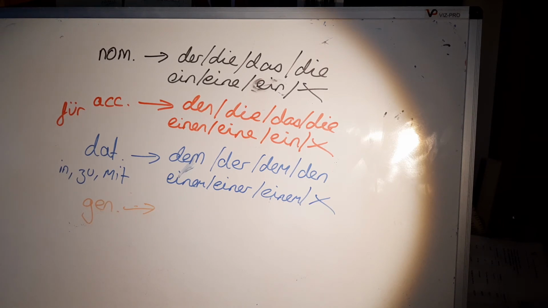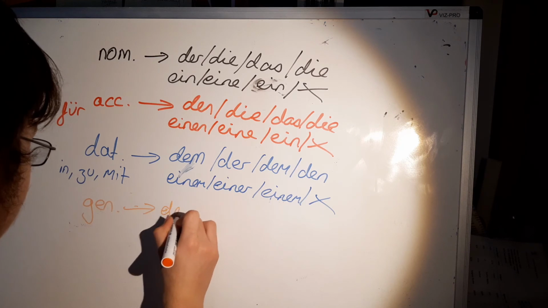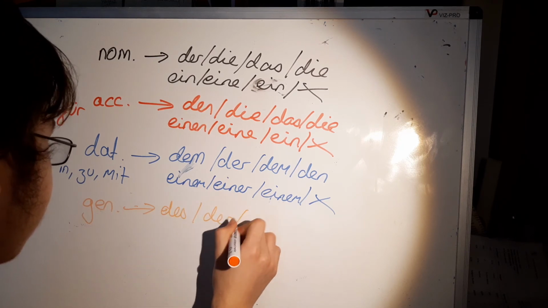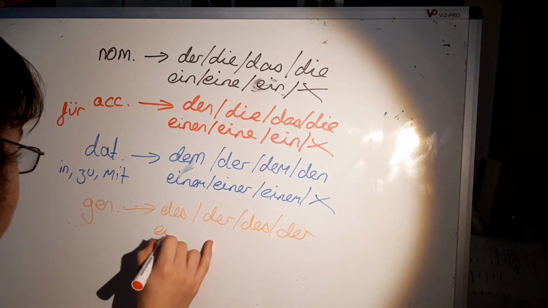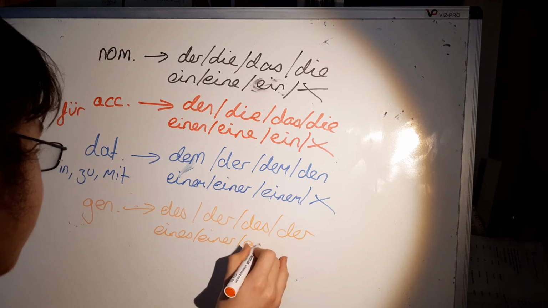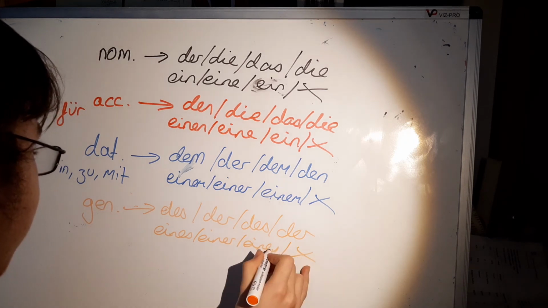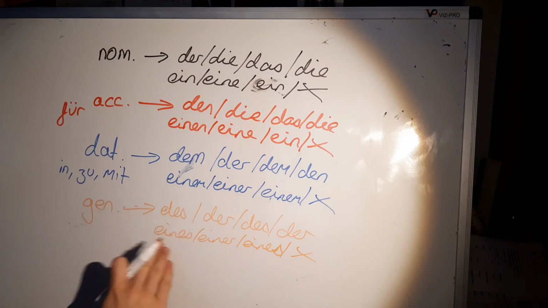Der Vater eines Plants, the father of a plant. But basically, it works like this: des, der, des, der, eines, einer, eines, and then nothing for the plural. So, this means of the or of a.